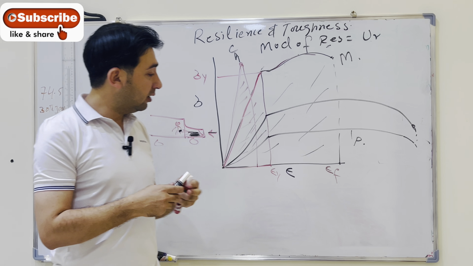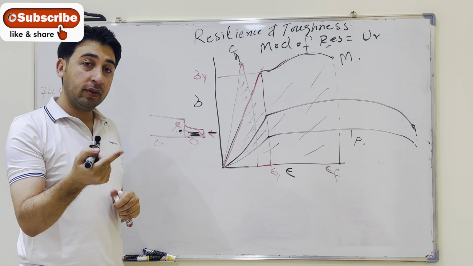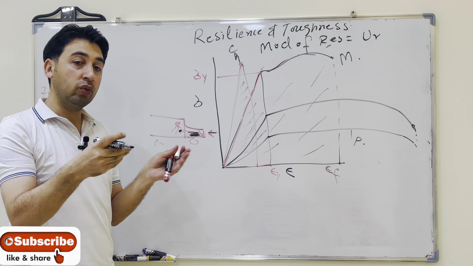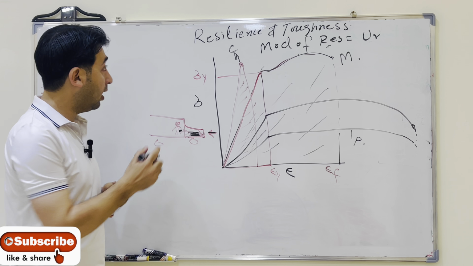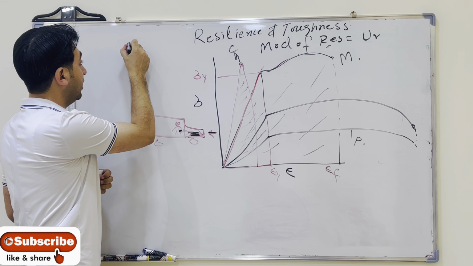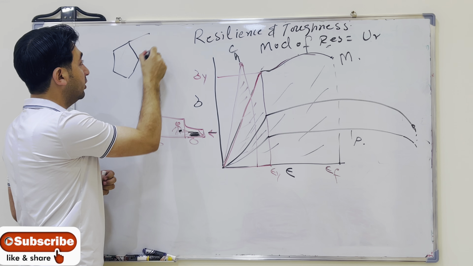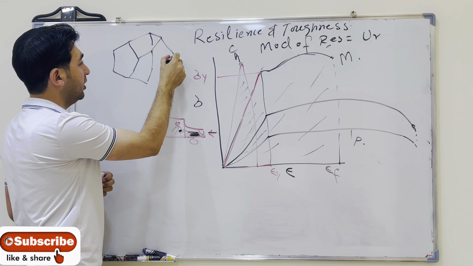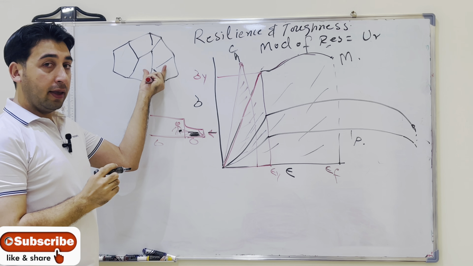Now the new concept is to have smart structures to increase the toughness of the material. It is a material property also, but with structure also we can vary the toughness. How? You might have seen this honeycomb type structure nowadays. You make any material with some structure like this, and there are cavities.